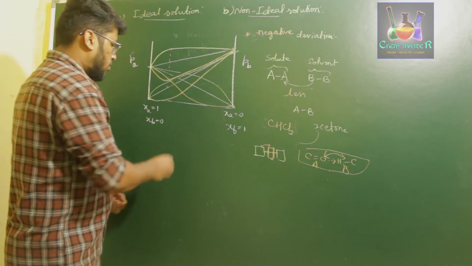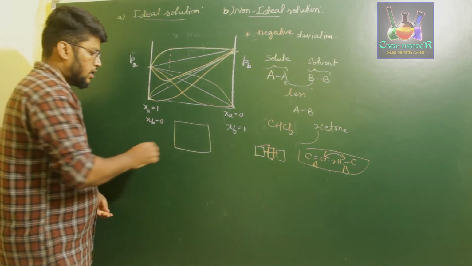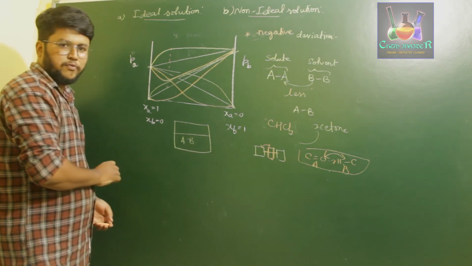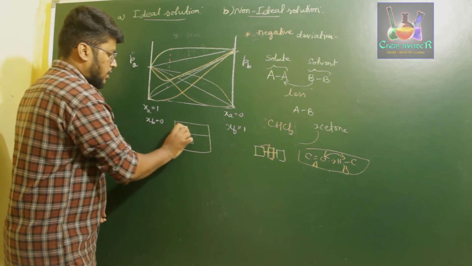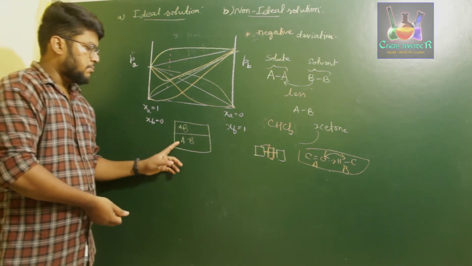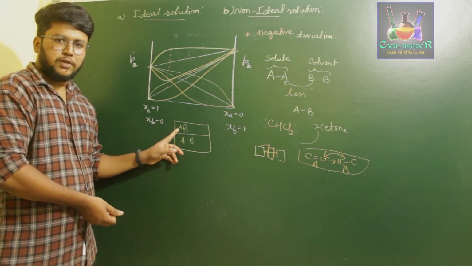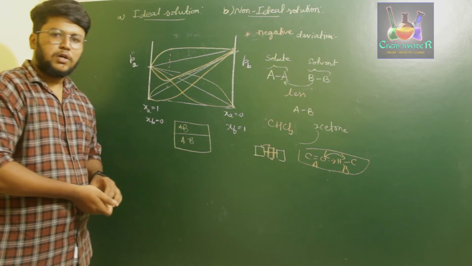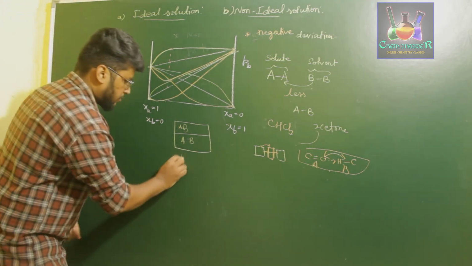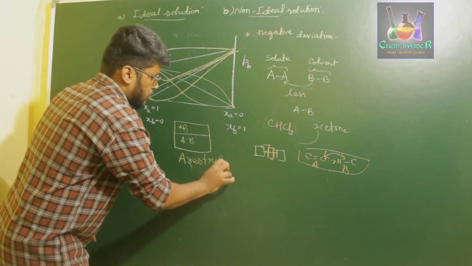So if I consider a closed container, if the AB interaction present in the liquid phase is equal to the AB interaction present in the vapor phase, then those types of solutions are called azeotrope solutions.